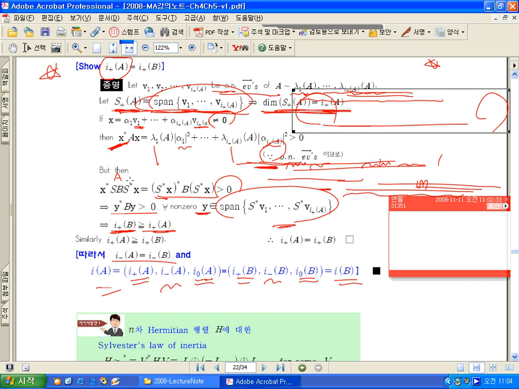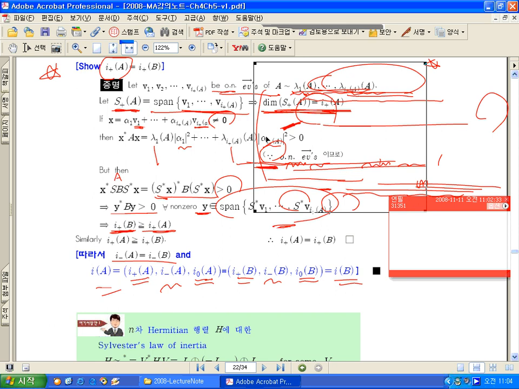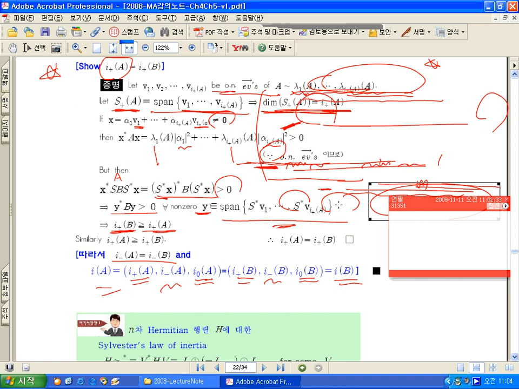So what this says is that the index of B is not smaller than the index of A.